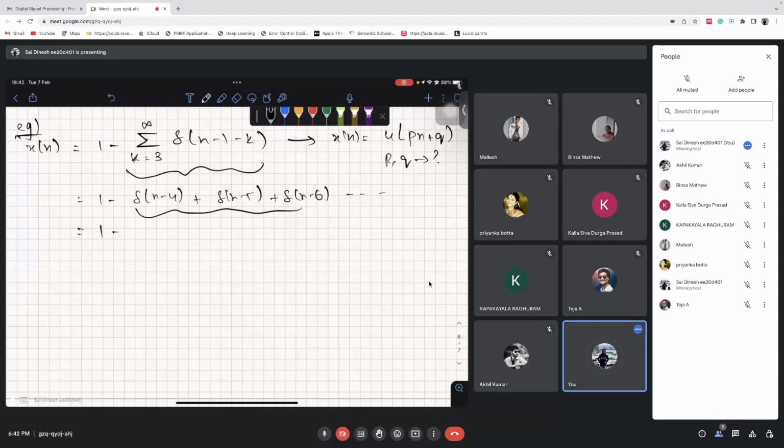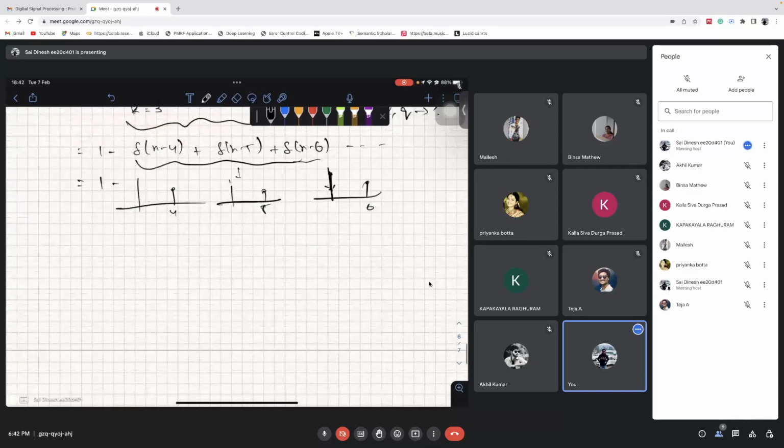This part would be 1 at the 4th position, this one 1 at the 5th position, this one 1 at the 6th position. So if you see, it is u of n minus 4 simply, right? 4, 5, 6, what's going on?